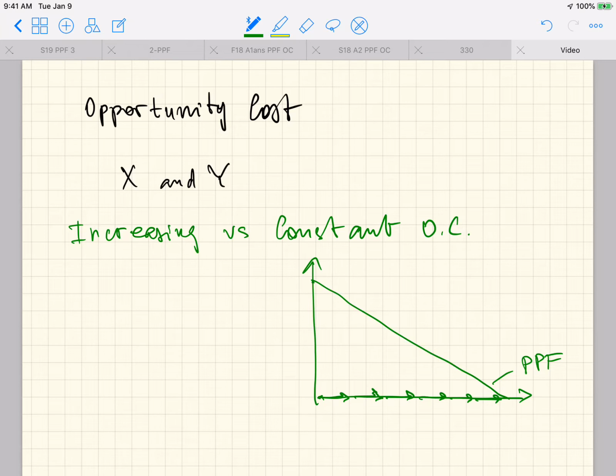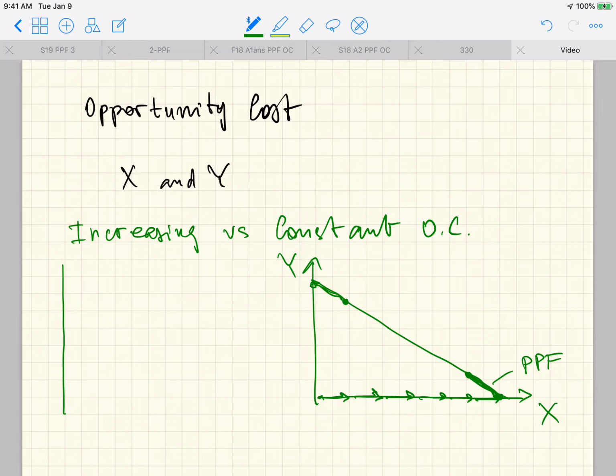But the thing is that no matter where you are, whether you're in the very beginning of this curve when increasing your output of X, or you're in the very end, like here, you see always the slope of these 2 sections are exactly the same. And that's what we call the case of constant opportunity cost.